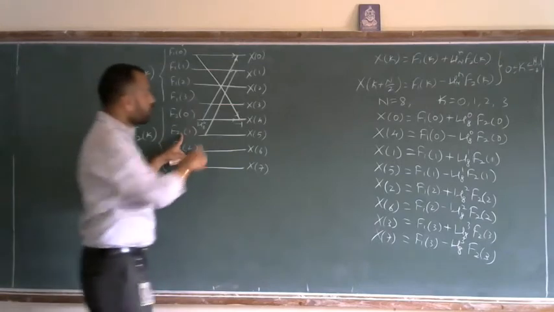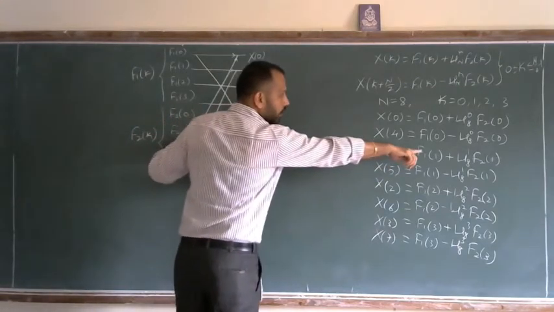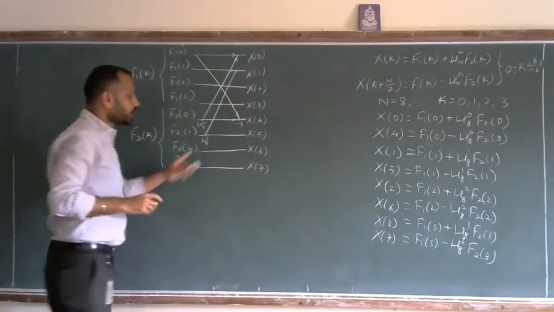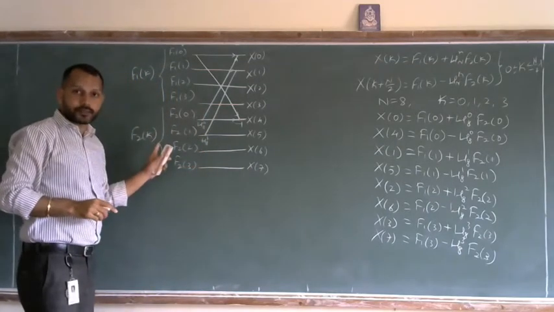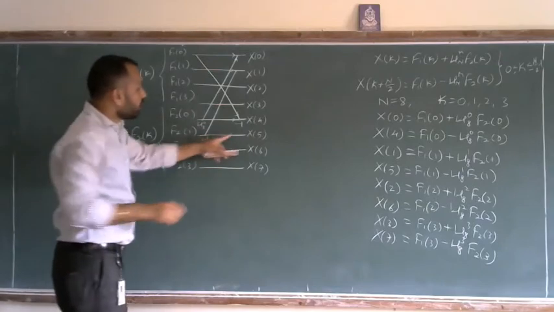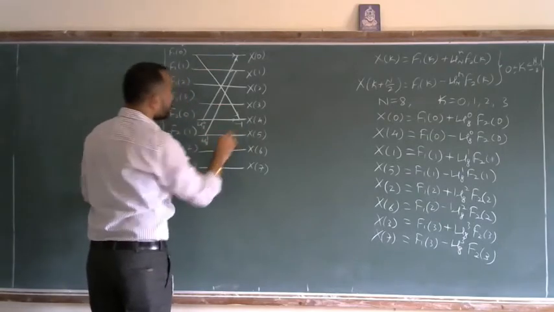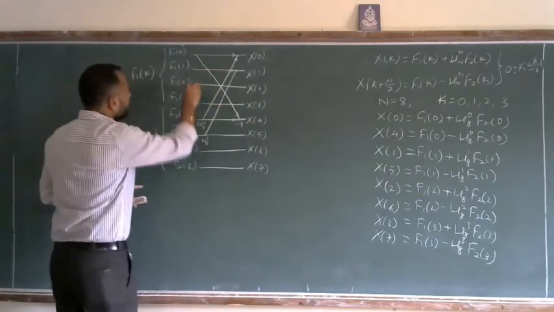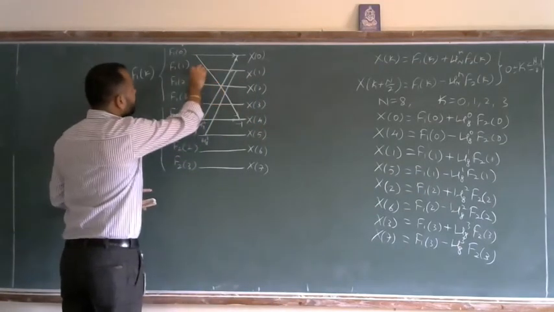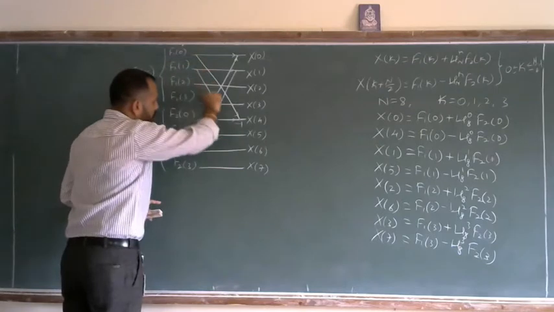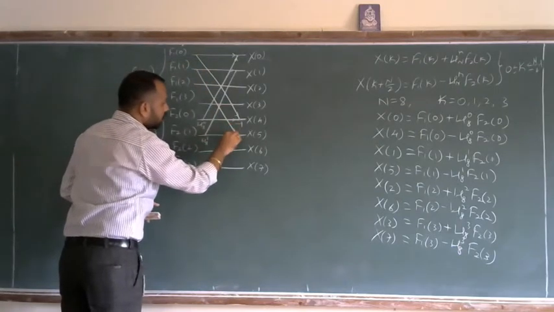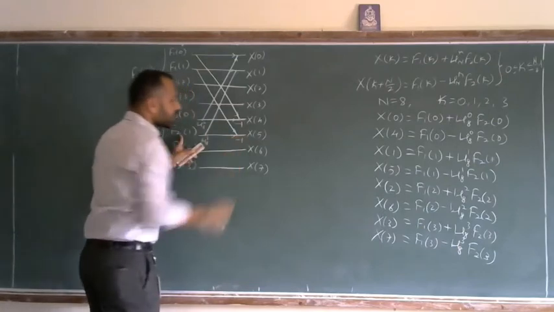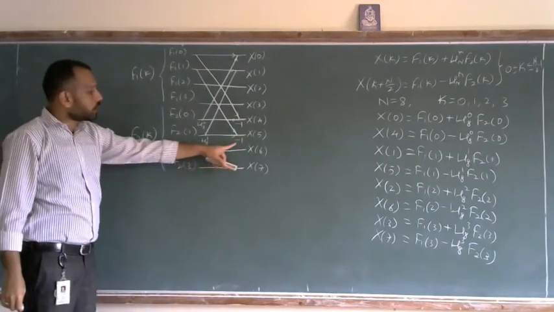But f2 of 1 is multiplied by w8 1, so we'll multiply w8 1 towards the left side. And for X of 5, the same two points are to be subtracted, that is f1 of 1 minus w8 1 f2 of 1. Now to have that minus sign, we will include -1.